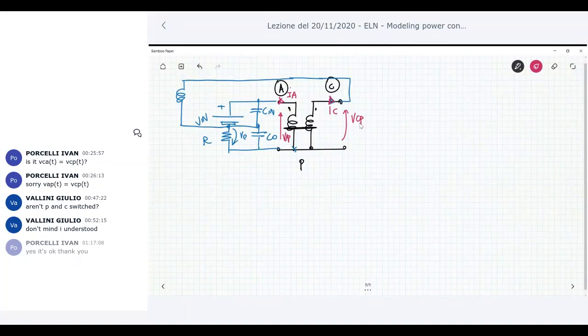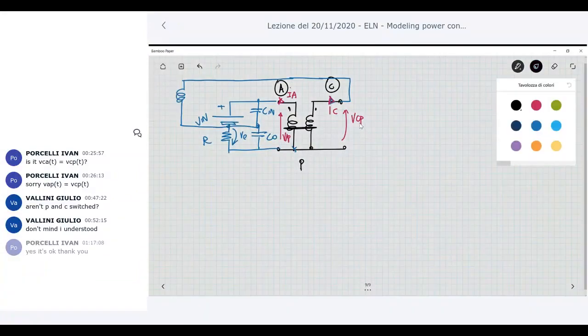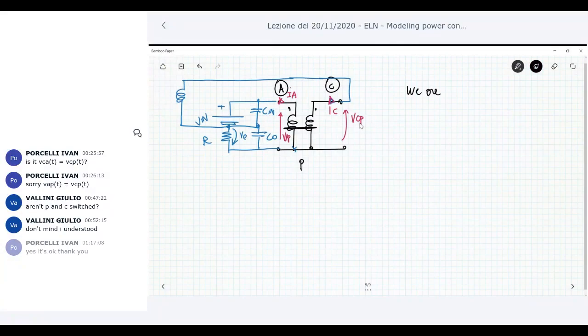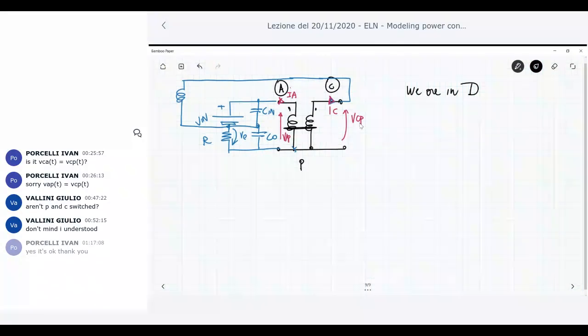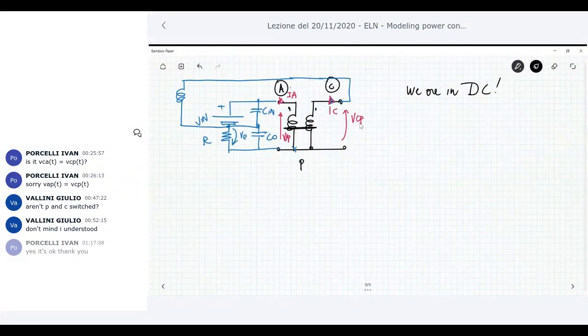Now, remember that we replaced our model into the original circuits, but we are operating in DC. In DC, we have to consider that capacitors are open circuits and inductors are shorts.